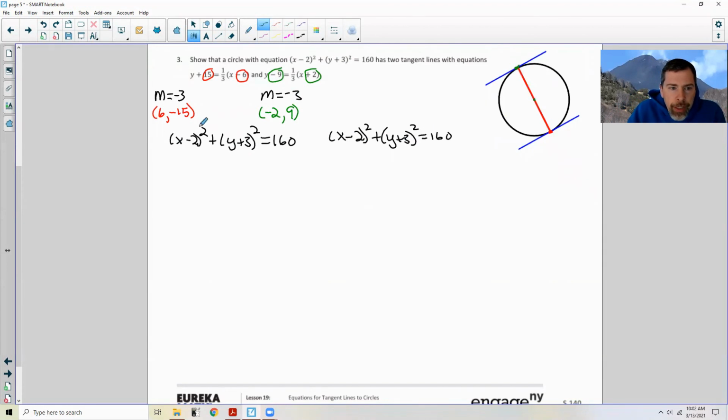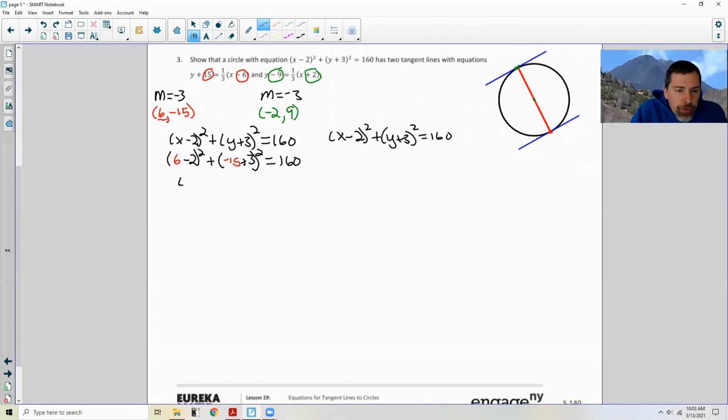Okay, so there's the two equations, and this one I'm going to use these values. Okay, so we have x minus 2. Well, what's my x? Well, it's 6. So I'm going to substitute now. So it's going to be this 6 right here, this (x minus 2) squared plus my y, which is -15, plus 3, quantity squared, has to equal 160 if this is true.